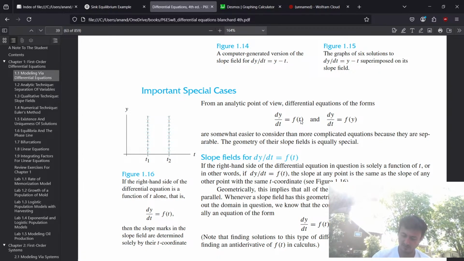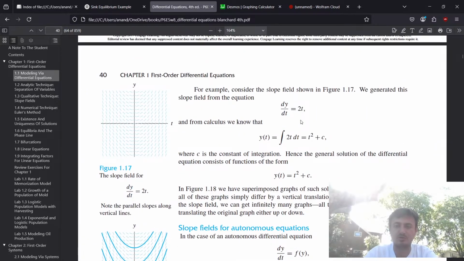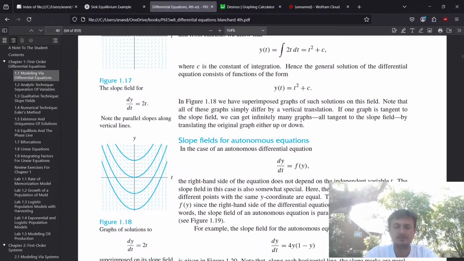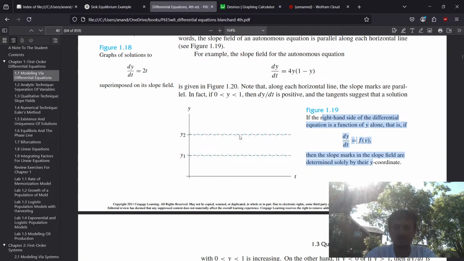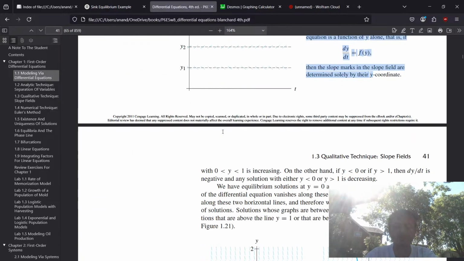Similarly, we have y dot equals f of y, and okay, so that's actually important. So for an autonomous equation, horizontal lines have equal slopes.